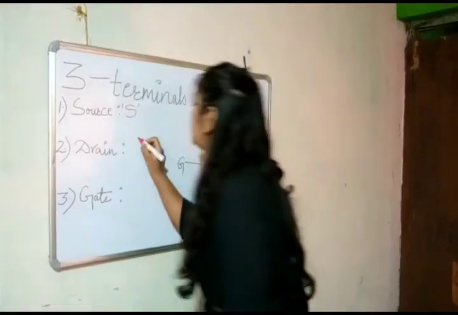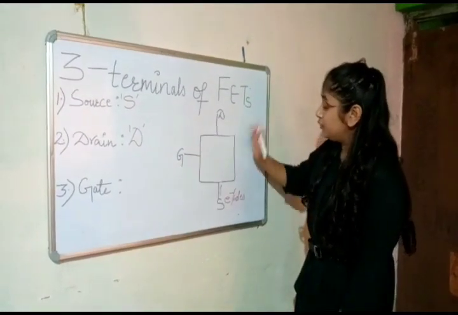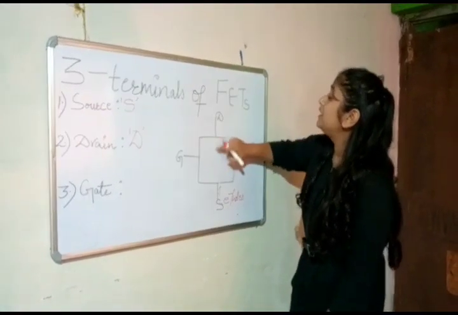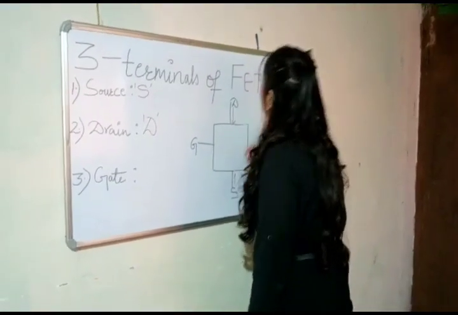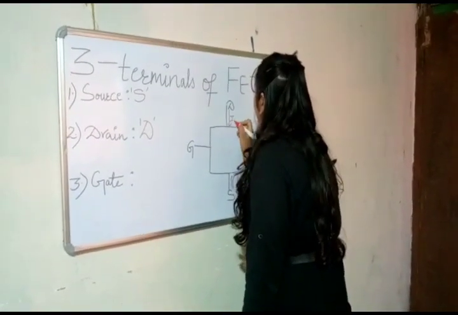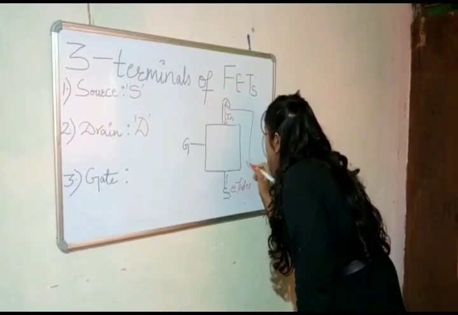Drain, it is denoted by D. Drain is a terminal through which these electrons or holes leave the channel. Conventionally, current entering at D is denoted by ID. This drain to source voltage is known as VDS.